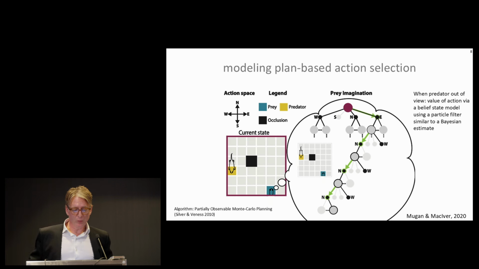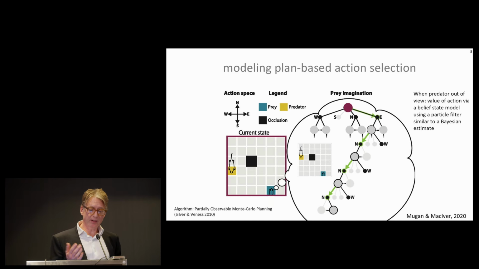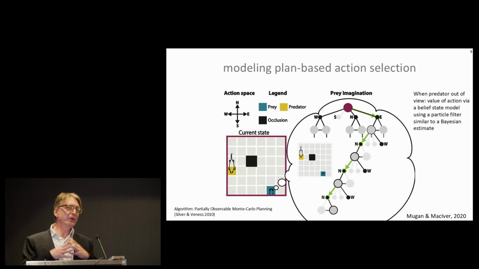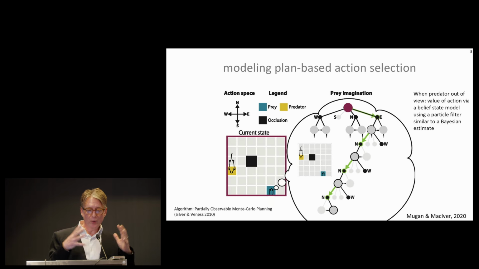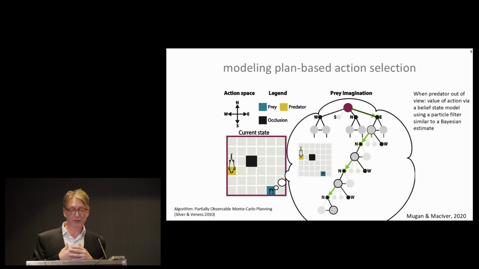So we wanted to start getting some insight into this using modeling. What we did was we developed some software, Grid World, where we have a predator, a prey, and occlusions, which are black here. For planning, we give the prey agent the ability to plan. You can think of this as building trees of possibilities using something called Monte Carlo tree search, which is just a way to do that tree growth without becoming a victim of the unfavorable combinatorics.